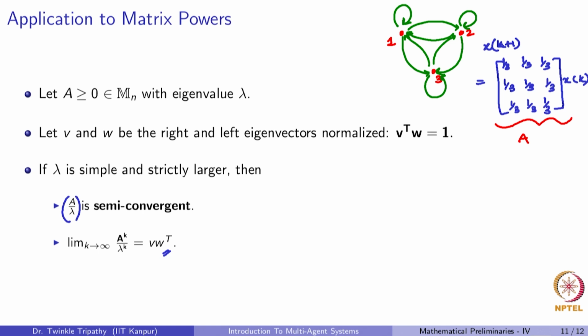And what we already know is, given a positive matrix, the largest eigenvalue which we can get, if we do the computation, we can see lambda p in this case is equal to 1. This lambda p is also a simple eigenvalue.